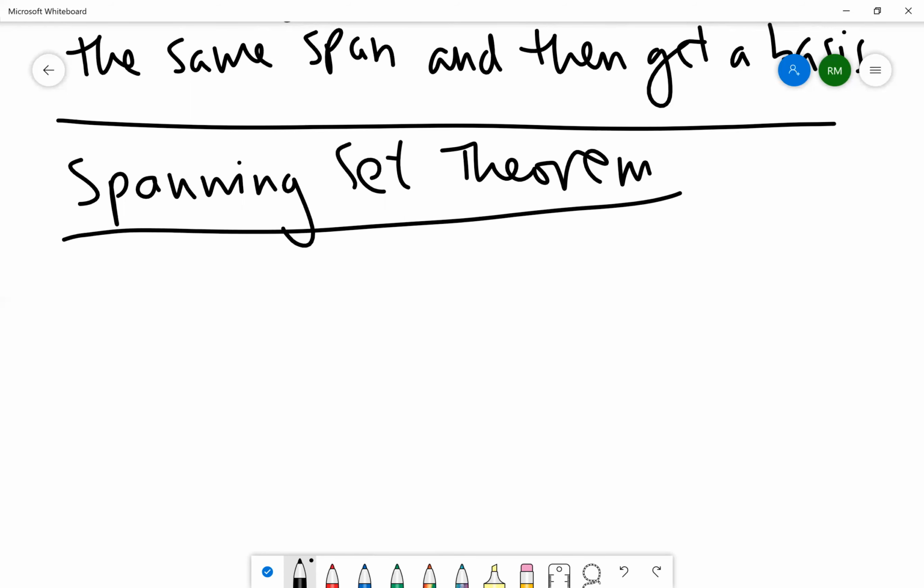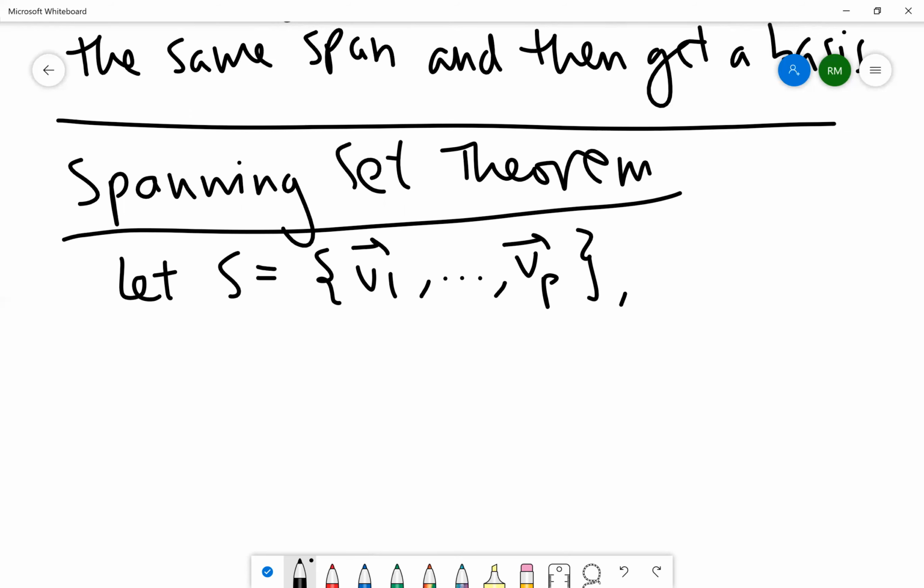The theorem says we let S equal some collection of vectors, let's call them v1 through vp, and H is going to equal the span of S. Now S might not be a basis yet, because S might not be linearly independent.